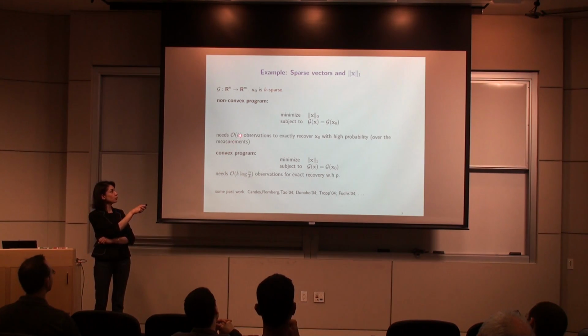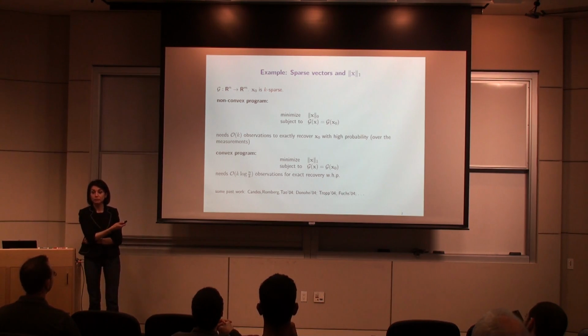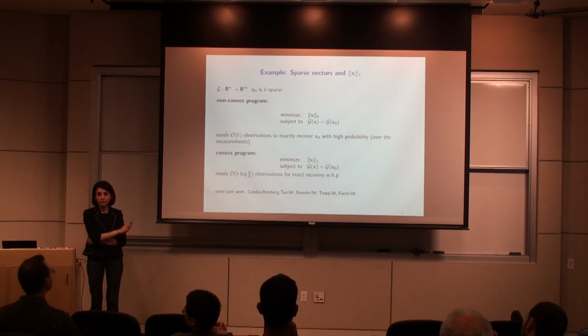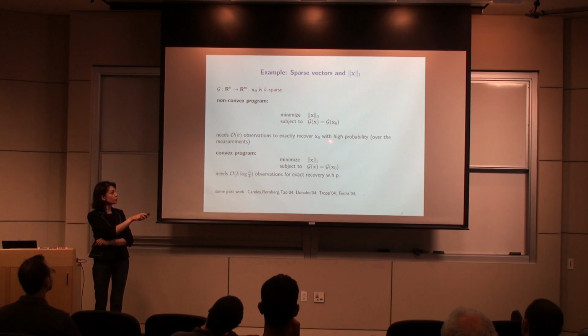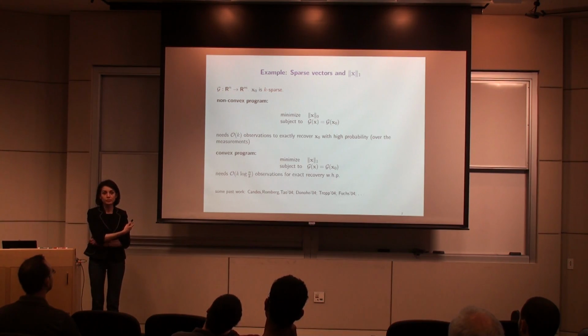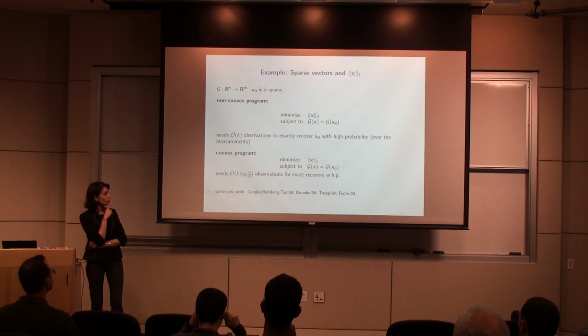The answer is order K, a constant times K, where K is the sparsity. It doesn't depend on N. With high probability, I mean over these measurements G, because remember, G's are random Gaussian measurements.